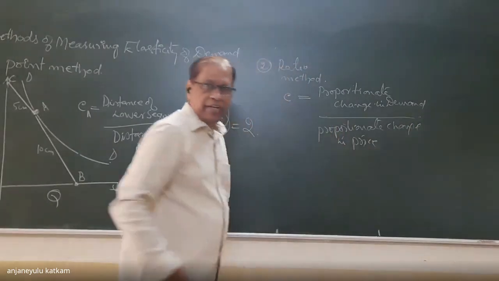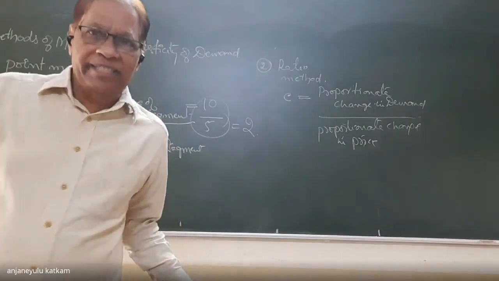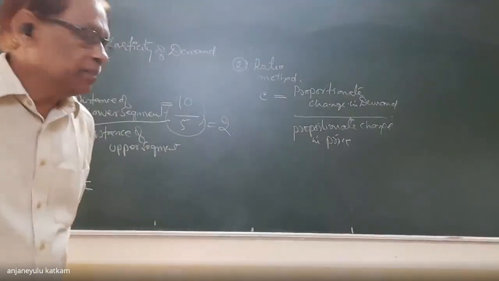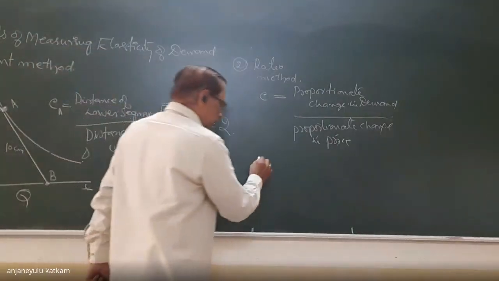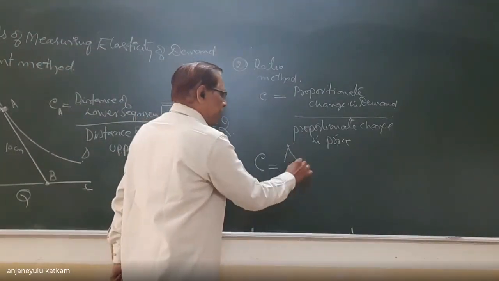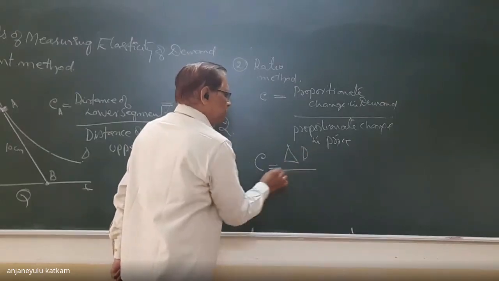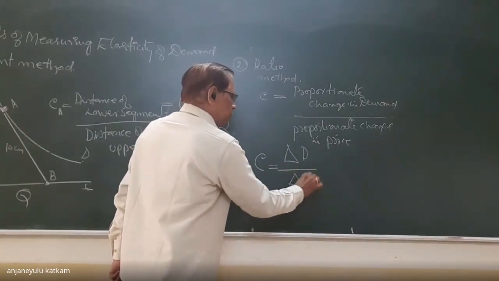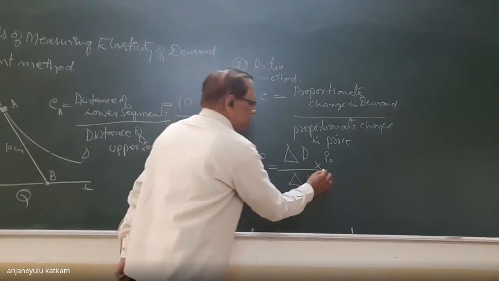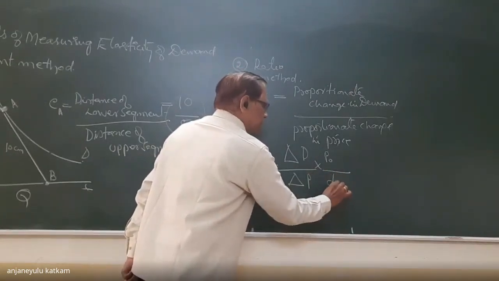This is the equation I have taken already for the price elasticity of demand. And the symbolic form we had expressed already. The symbolic form is like this: elasticity of demand is equal to delta D divided by delta P into P0, that is the initial price, divided by the initial demand, that is D0.